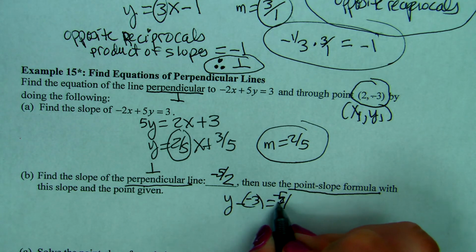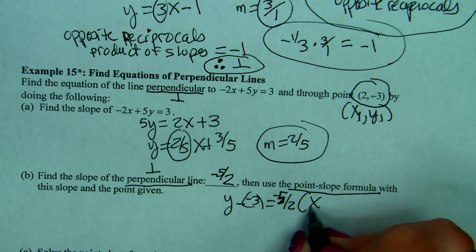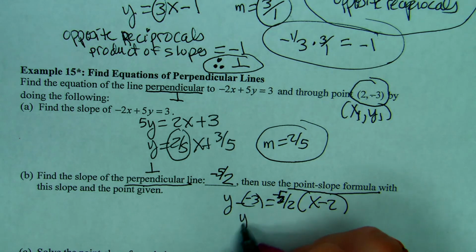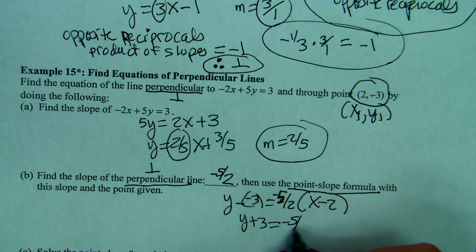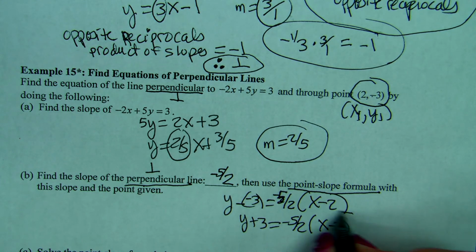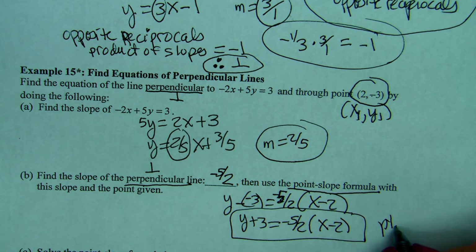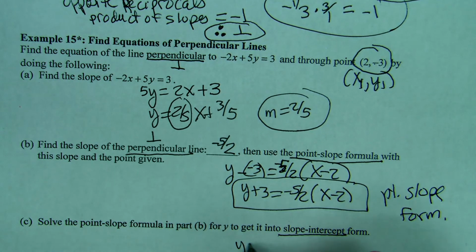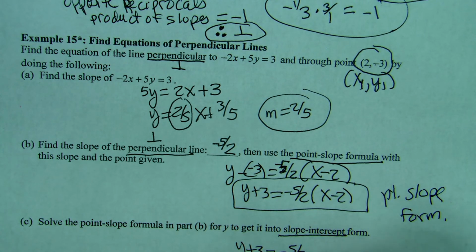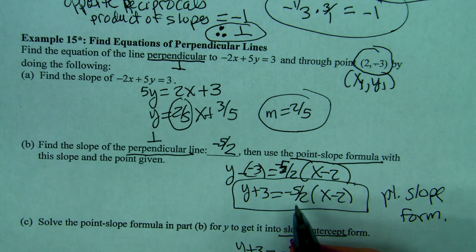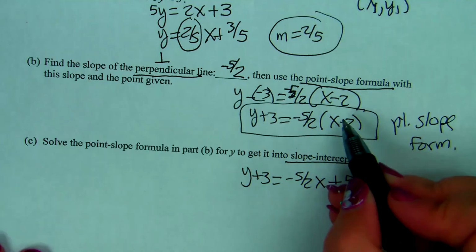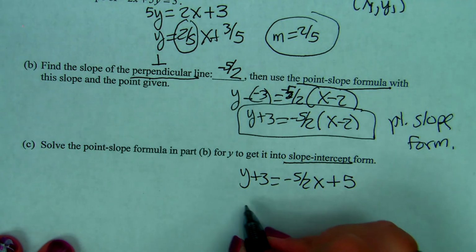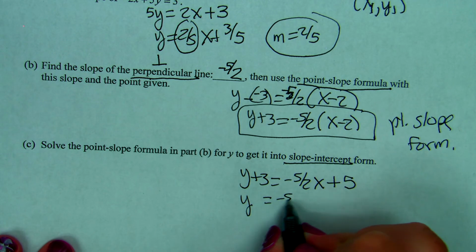Oops, I was using the original slope. y plus 3 equals negative 5/2 times x minus 2, point-slope form. And then they want it in slope-intercept form, so we're going to distribute the negative 5/2. The 2's cancel. Negative times negative is positive. Subtract 3.